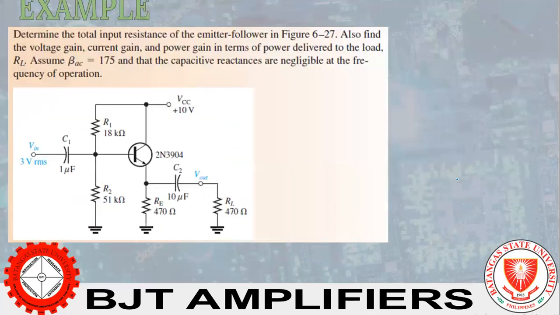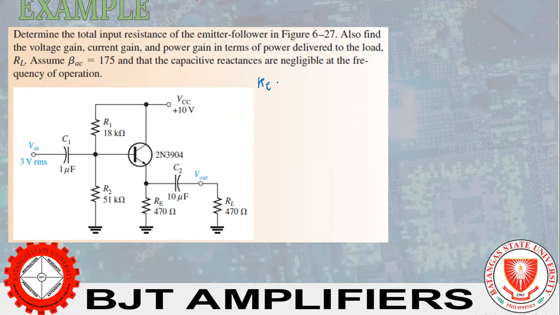Okay. So, determine the total input resistance of the emitter follower. Also find the voltage gain, current gain, and power gain in terms of power delivered to the load, RL. Beta AC is 175 and the capacitive reactances are negligible at the frequency of operation. Okay? So, kuhanin natin si RE.